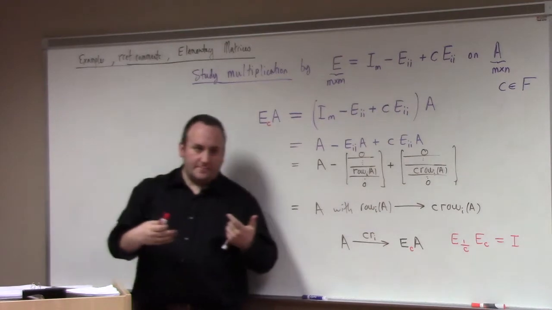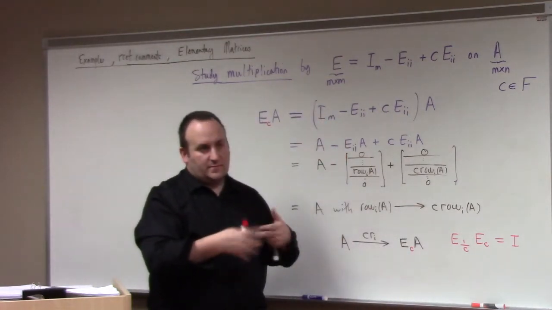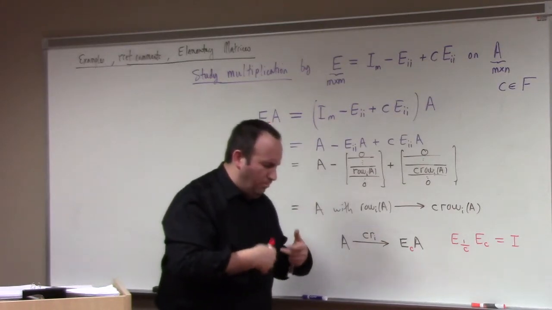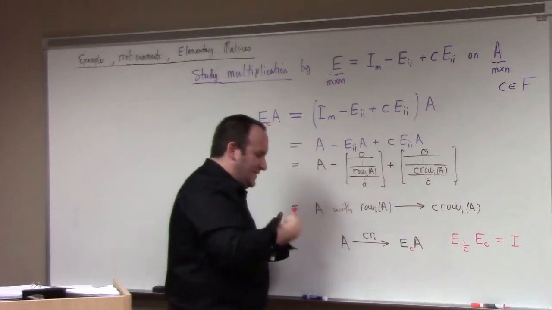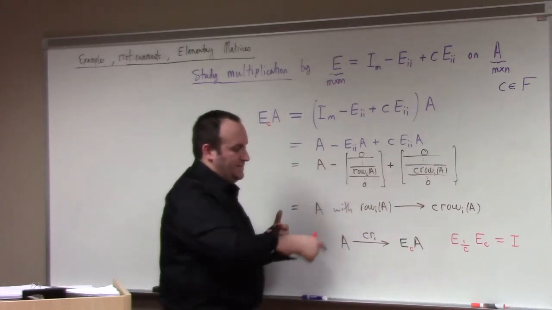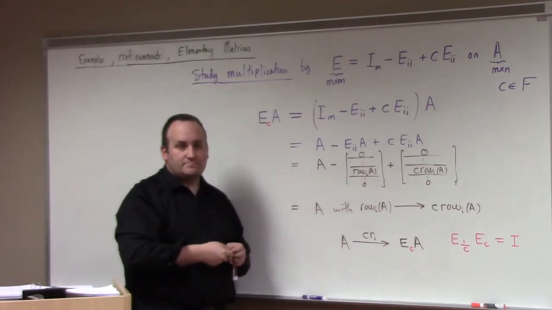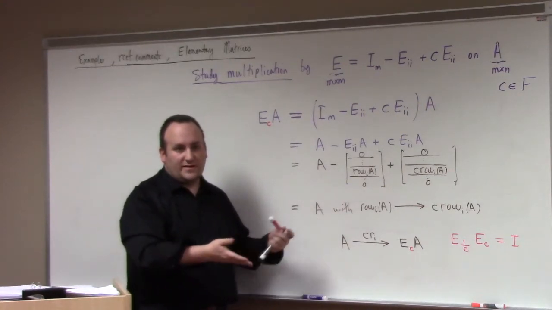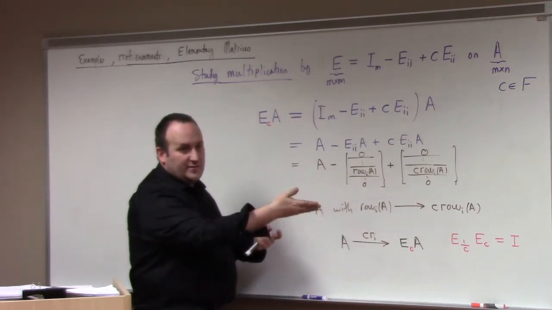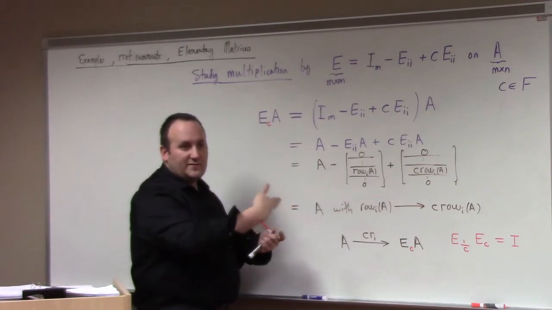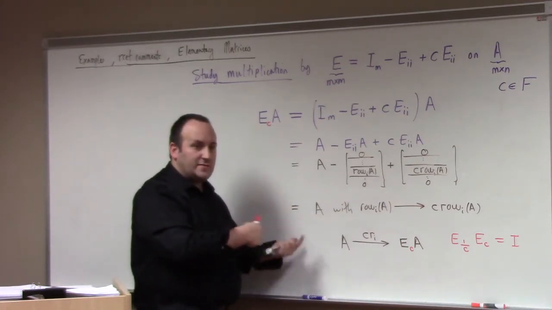Because if you think about it, what does E sub c do? It multiplies the ith row by c, and then this divides the ith row by c. And so E sub 1 over c undoes what E sub c does. So yes, the matrix is invertible, and its inverse corresponds to the natural inverse of the row operation.